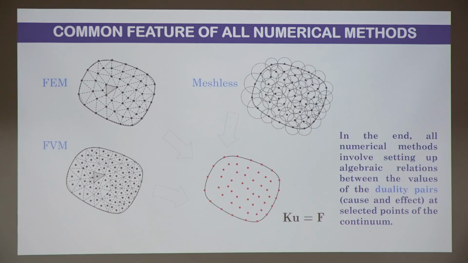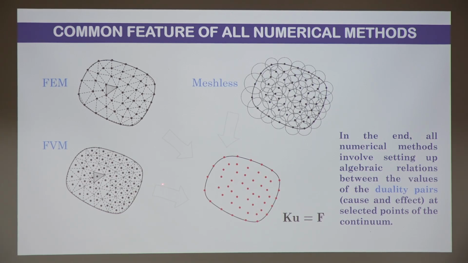Gradients of displacement are what we call strain, right? So this duality is very, very important. All K is doing is relating the U to F through algebraic relations. So at the end of any of these methods, you get only this. From a mathematical point of view, you're solving a system of algebraic equations, whether linear or non-linear, it doesn't matter.